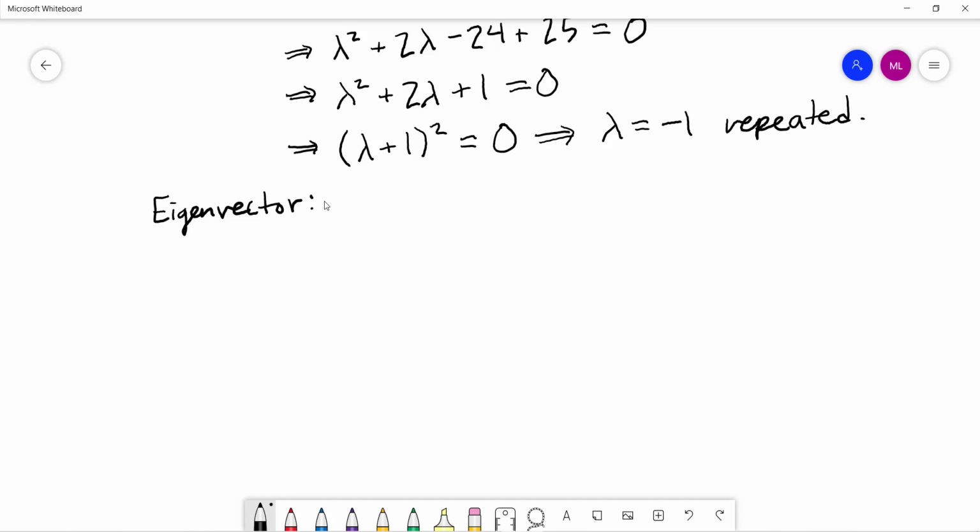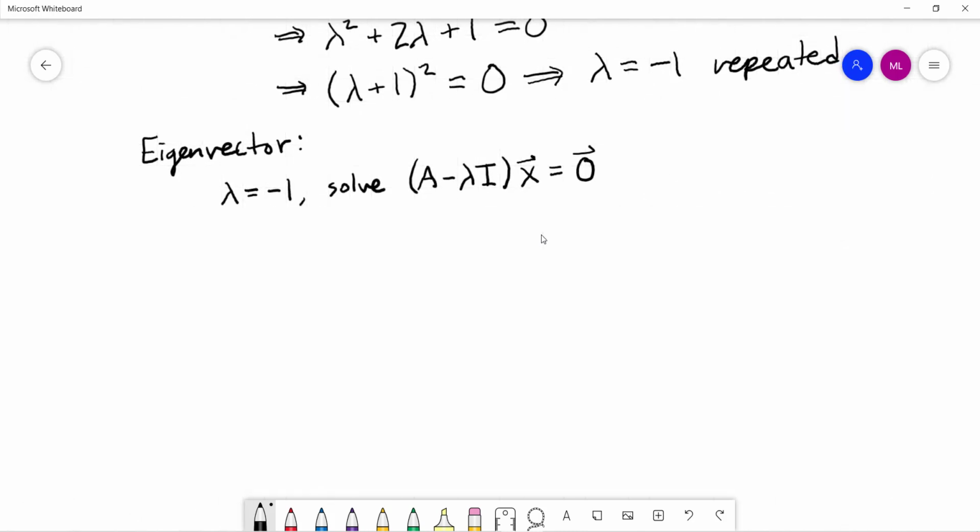So for the eigenvector, all we do is set our lambda equal to negative 1, and then solve A minus lambda I times x equals 0. We're calling it x here, but you could, in a sense, call this the k as well. We want to solve specifically for the value of x that will make this work, but we're really just going for the eigenvector here. So we want the value of k that will make this work.